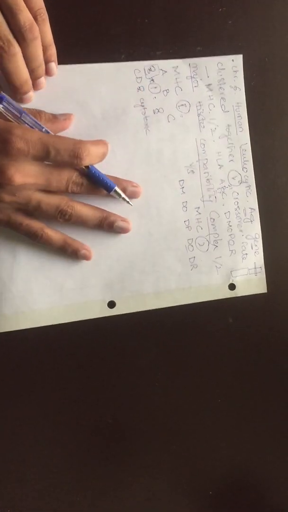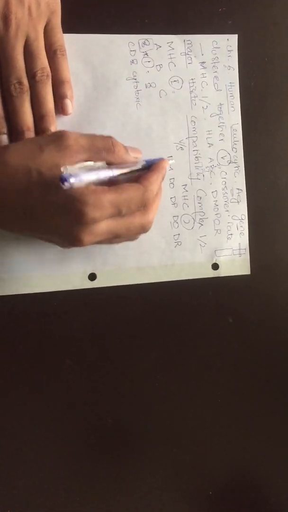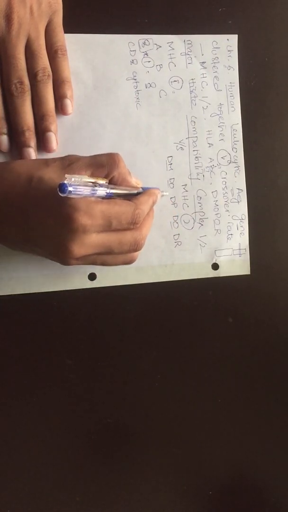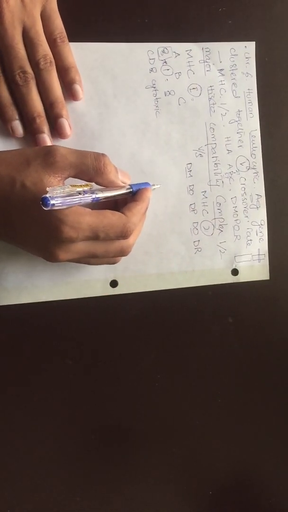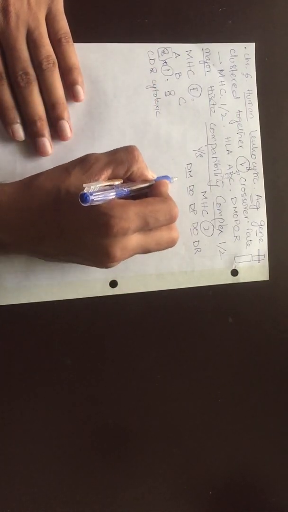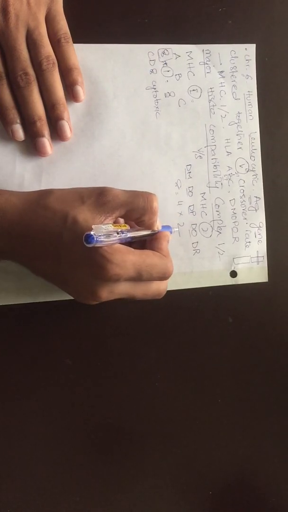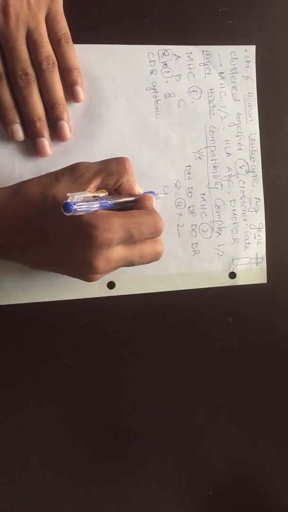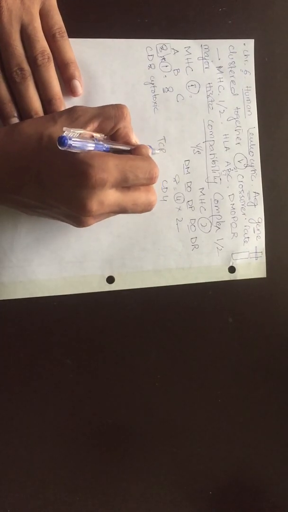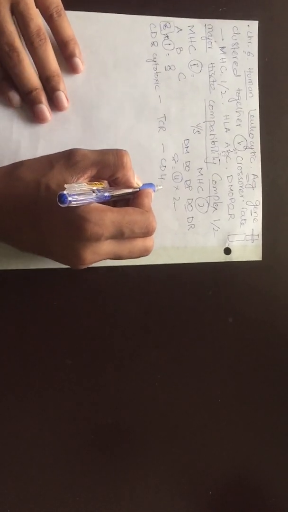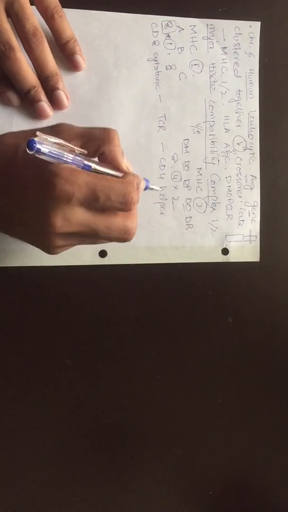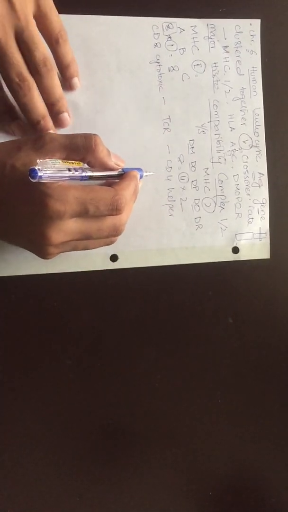So MHC1 is related to A, B, C, and it is also related to cytotoxic CD8 cells of the T cell. Then we have MHC2, with 2 letter genes, and 8 is equal to 4 into 2, so MHC2 is for CD4. It means that it involves helper T cell of CD4 category.